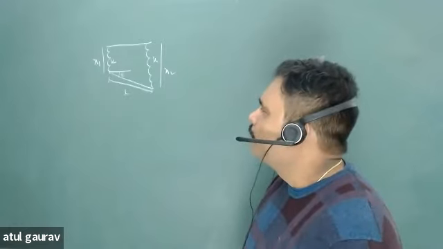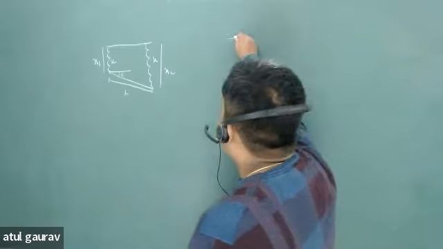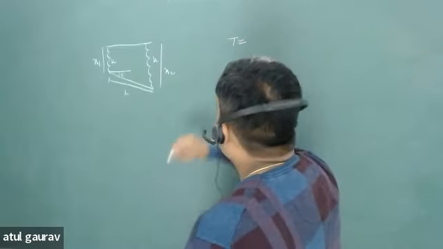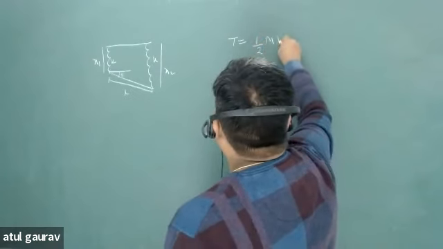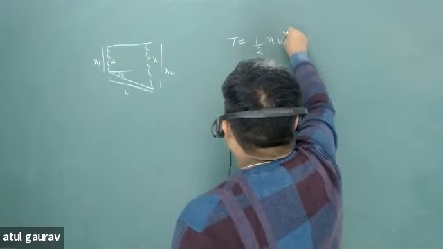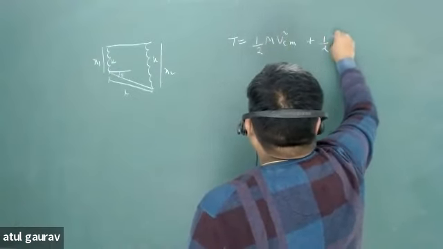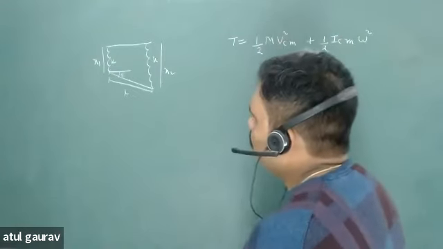Sir, by considering the center of mass again. Obviously, what will be your first expression? Obviously first you will write half m VCM square plus ICM omega square, यही तो लिखोगे ना?